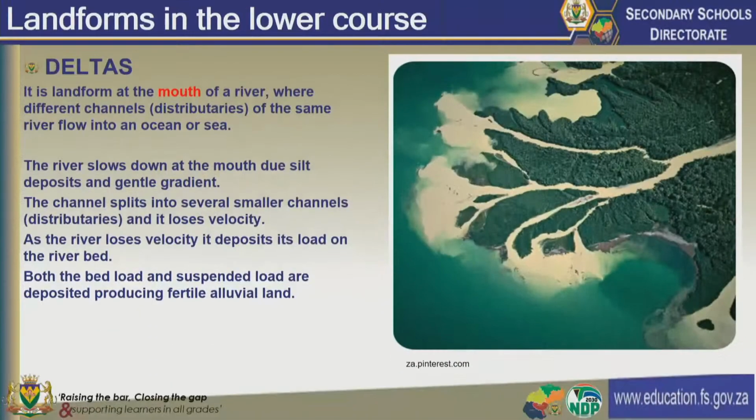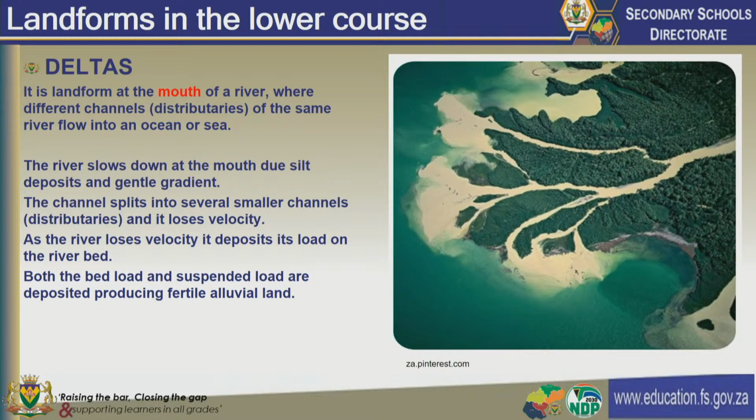Let us move on. The other landform that we are going to talk about is the deltas. As I said, remember, deltas occur at the mouth of a river. Look at the picture there.